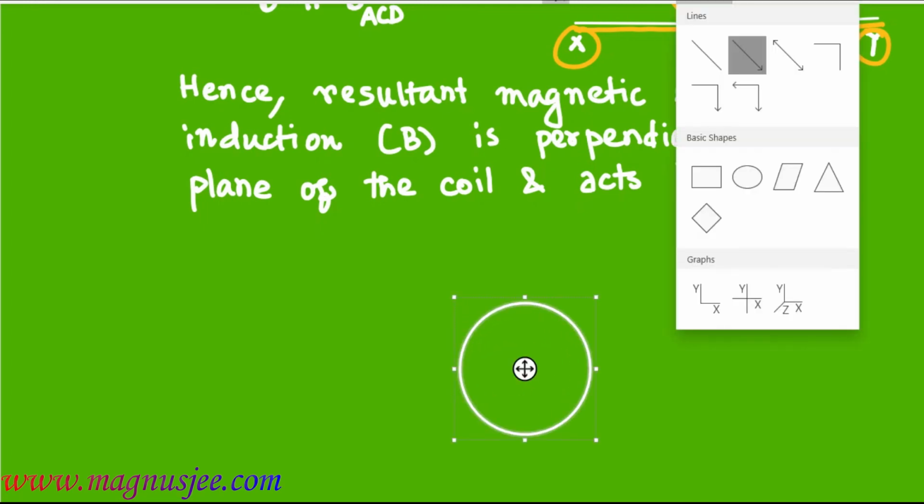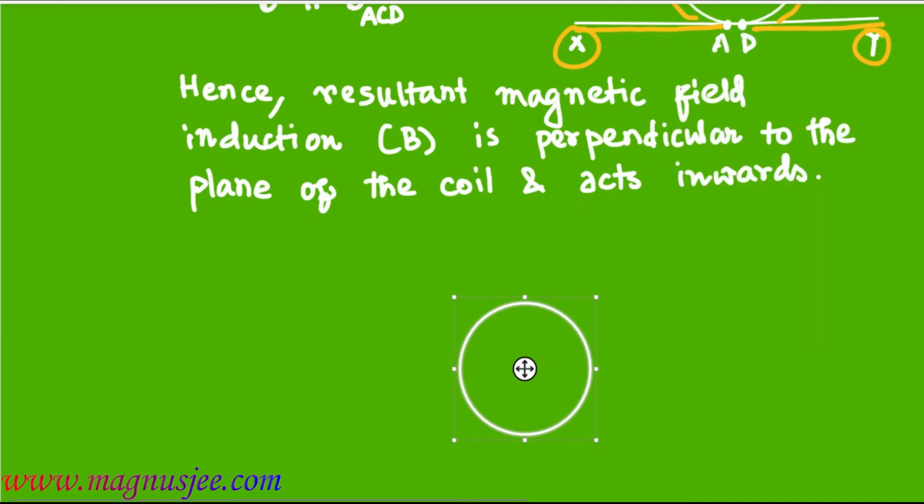So finally, if we draw the diagram again, circular coil and long straight conductor. Current I flows from left end to right end, and current flows clockwise through the circular coil.